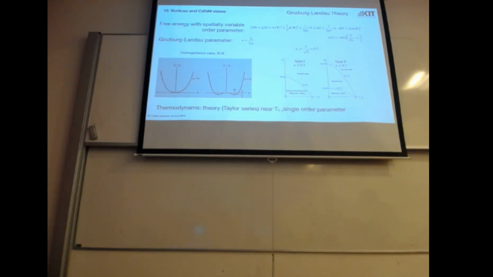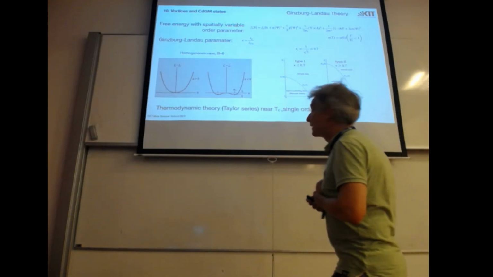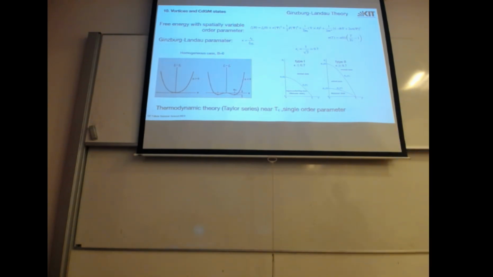This brings us to superconductors, and maybe they are important for you. So I want to talk a little bit about superconductors. You know there are two types of superconductors, type 1 and type 2, which can be seen when you take the energy landscape with a variable order parameter in the field.